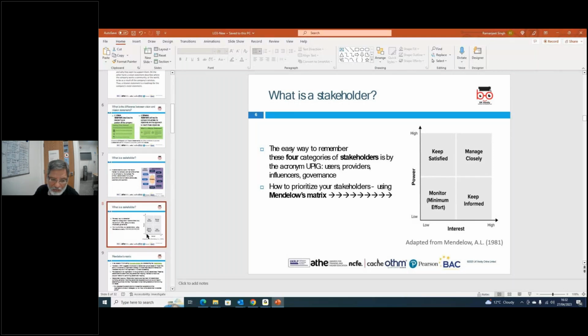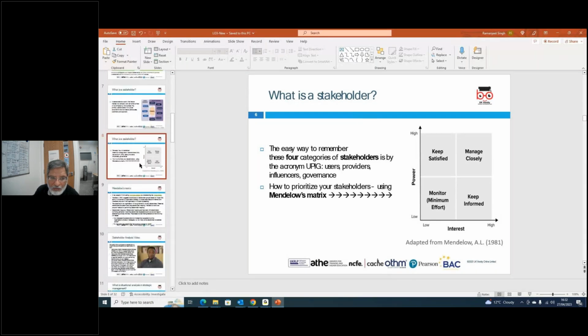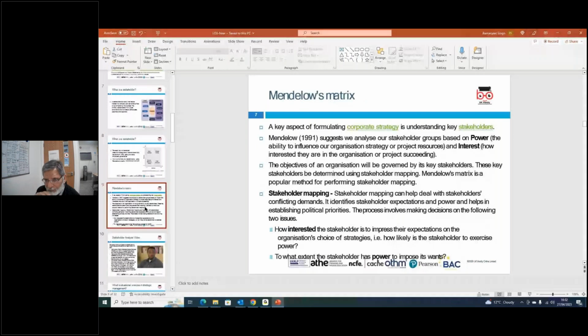Okay, so we'll need to look at how we can develop our stakeholder analysis depending on Mendelow's principles, using Mendelow's matrix. Mendelow's matrix basically suggests that we look at the stakeholders according to their power and their interest.